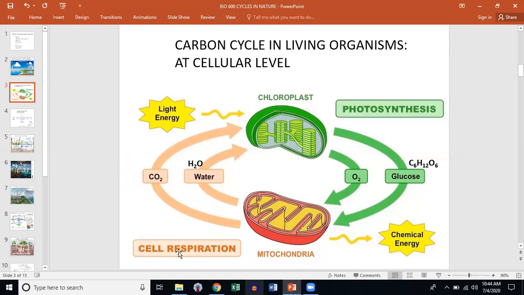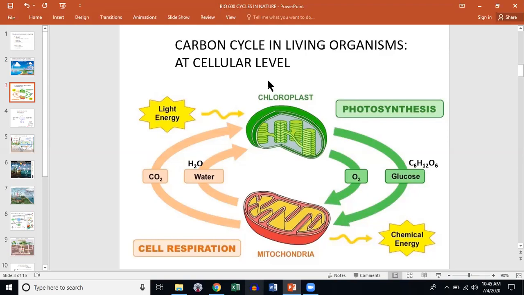It's a back and forth here because plants, illustrated in green here, through the process of photosynthesis, generate glucose and oxygen. To do that, they take water and CO2, carbon dioxide.